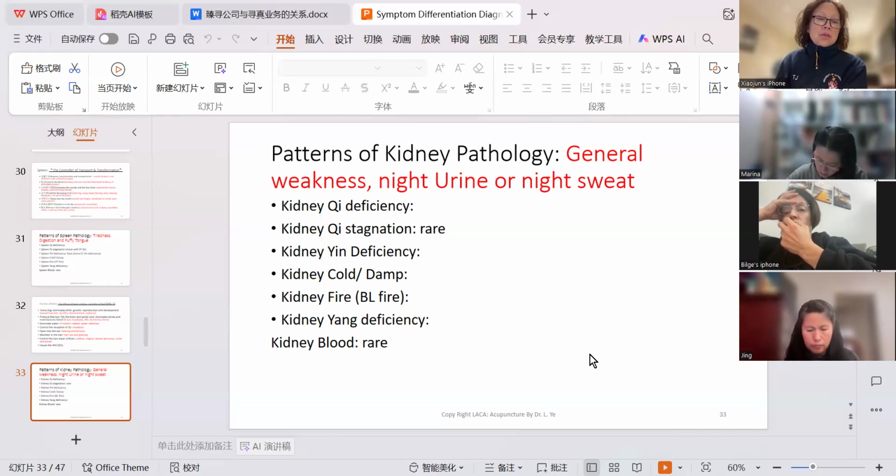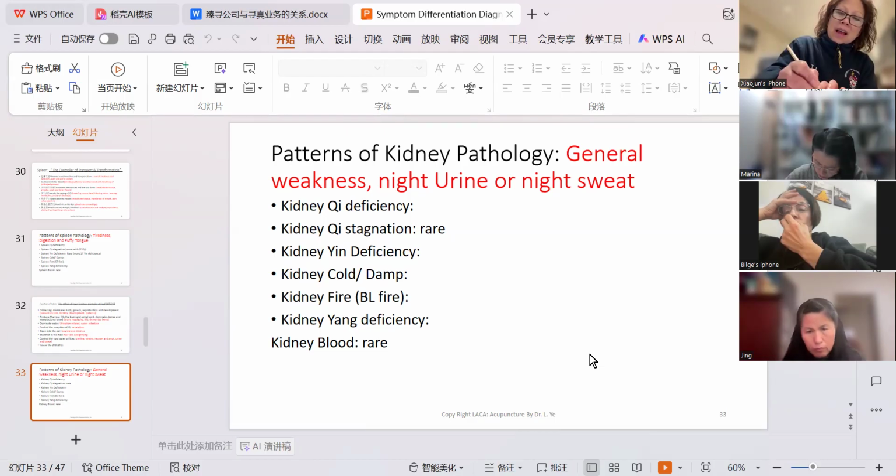For night sweat, what's the best treatment using your meridians? You do anti-clockwise on kidney 6, clockwise on kidney 2. So left foot, kidney 6, anti-clockwise.